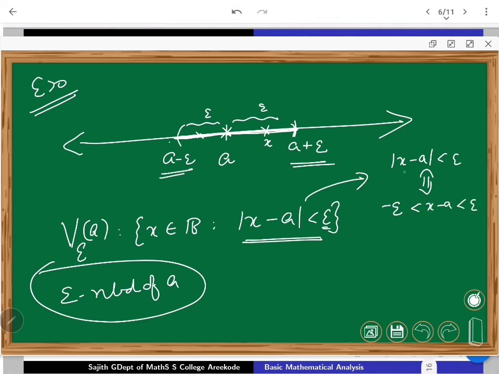That is how we will be free from this modulus inequality. The next step, by adding A everywhere, A minus epsilon less than x less than A plus epsilon. That is what precisely geometrically it says. So everything in between, that is the epsilon neighborhood of a point A, obviously with a radius. I am using the radius just because of that.